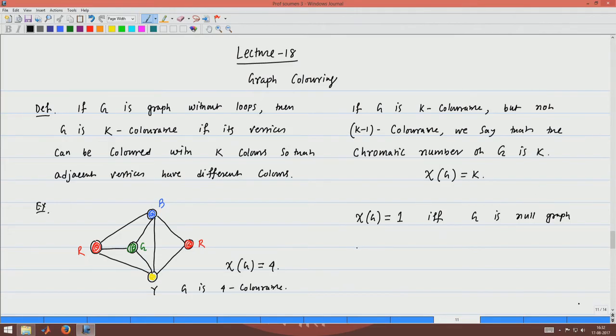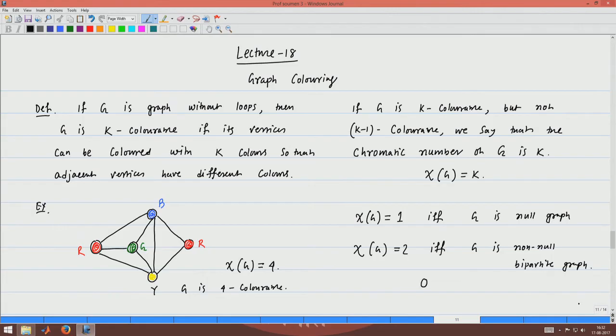Okay. Now, chi of G equal to 2 if and only if G is a non-null bipartite graph. Right.